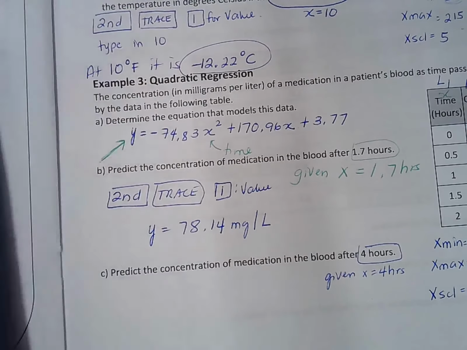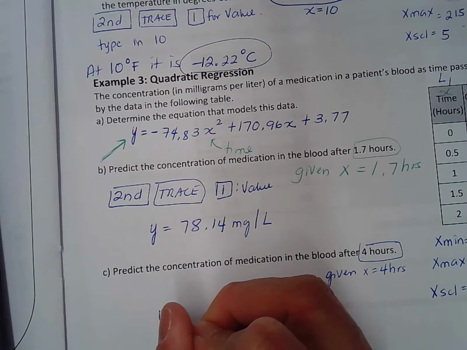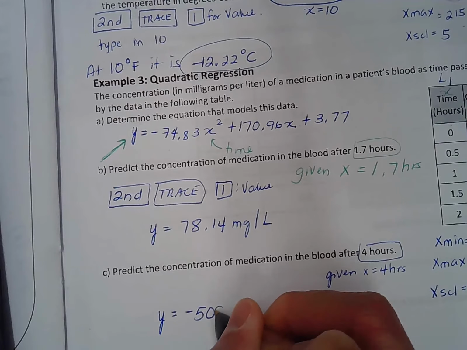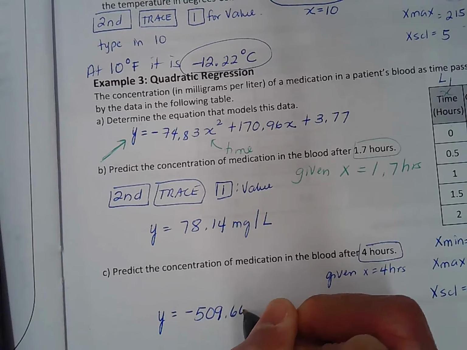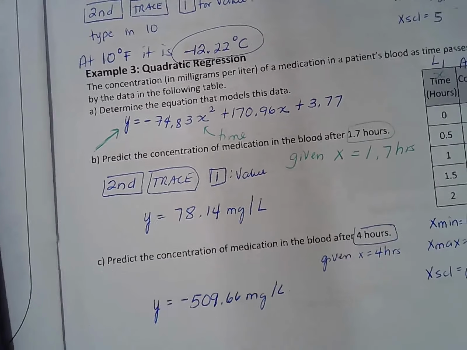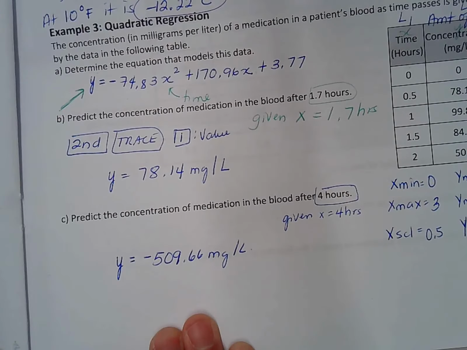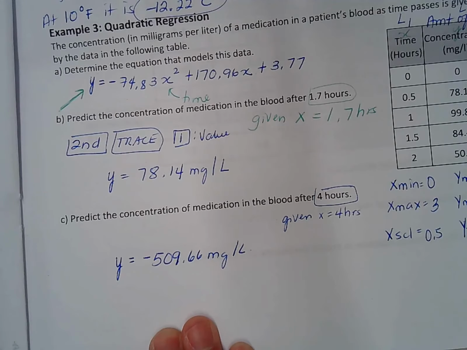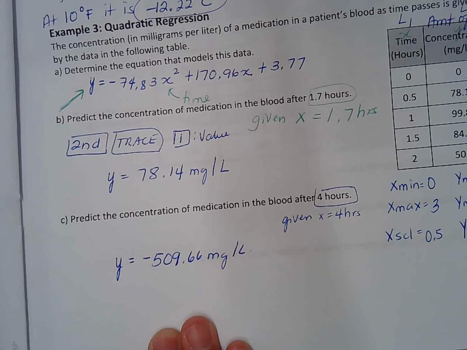So your answer was negative 509.6 milligrams per liter. Now, you're probably thinking, oh, that's what my answer is on my calculator, but does that make sense to us? I don't think so. Can we have a negative amount?